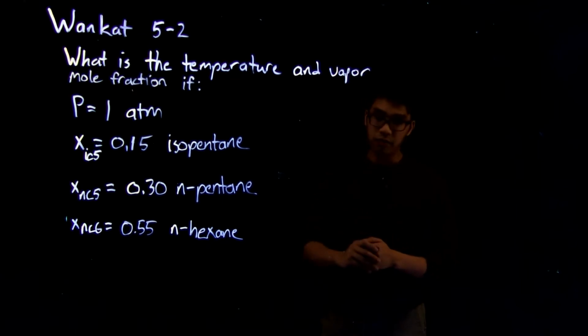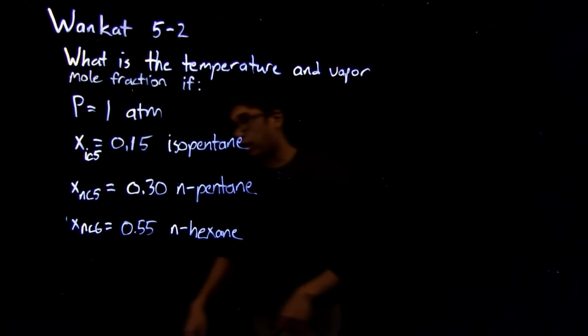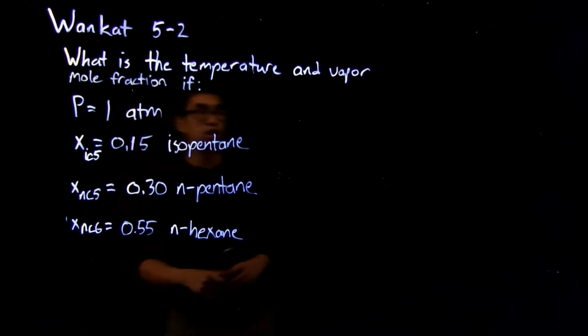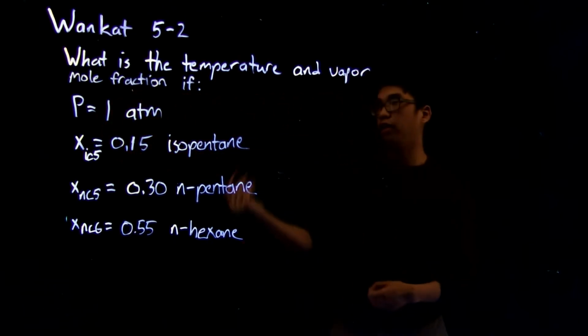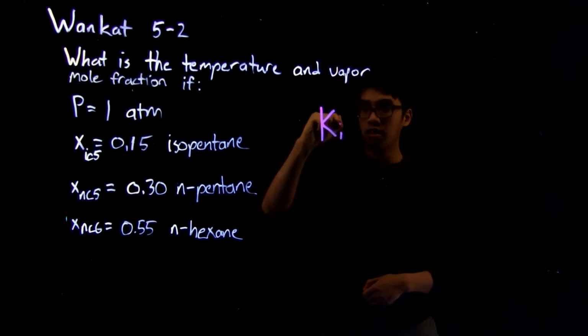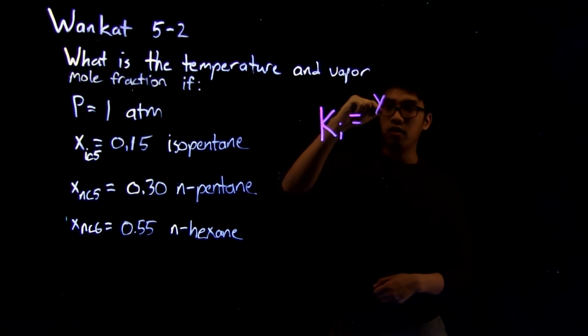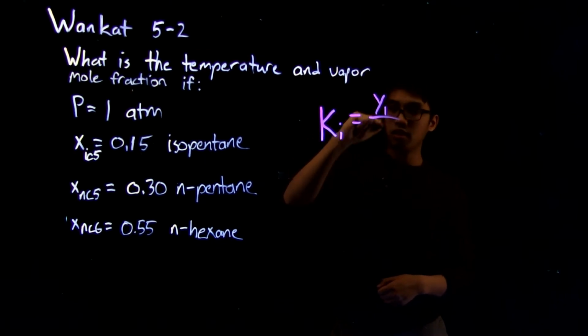Generally, what we use in multi-component problems is something called K-values. The K-value of a component is equal to the ratio of its vapor fraction to its liquid fraction.